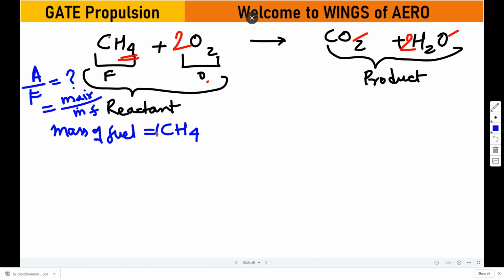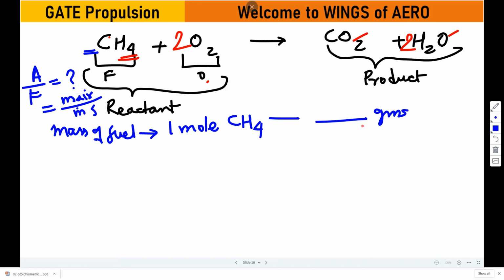Can I say in this equation, one mole of CH4 will give some amount of grams? Now how to find how many grams, or molecular weight? We can find it in this way.